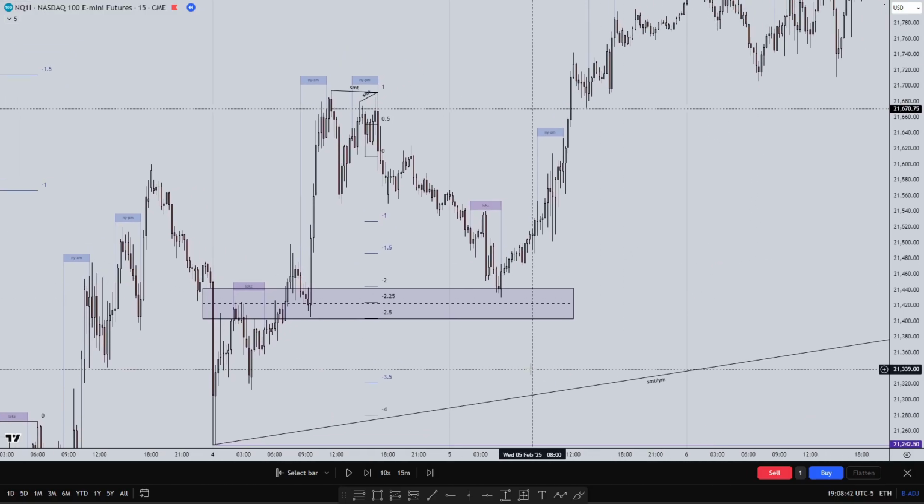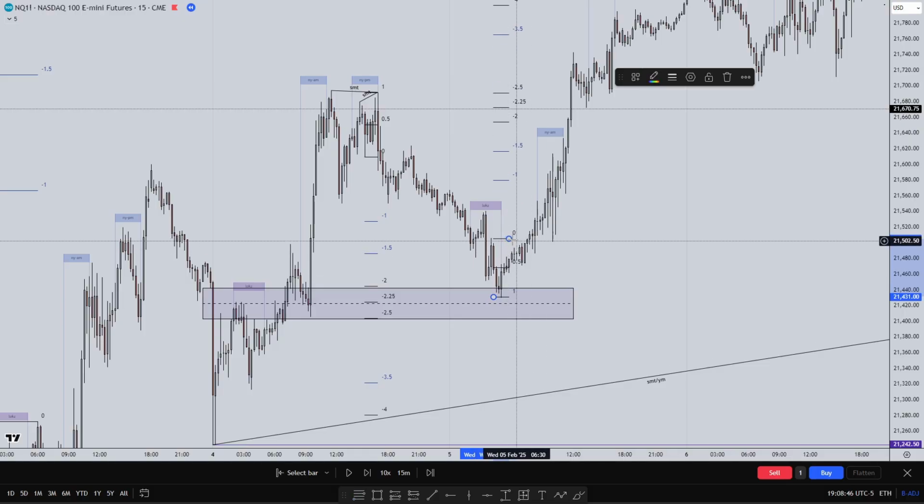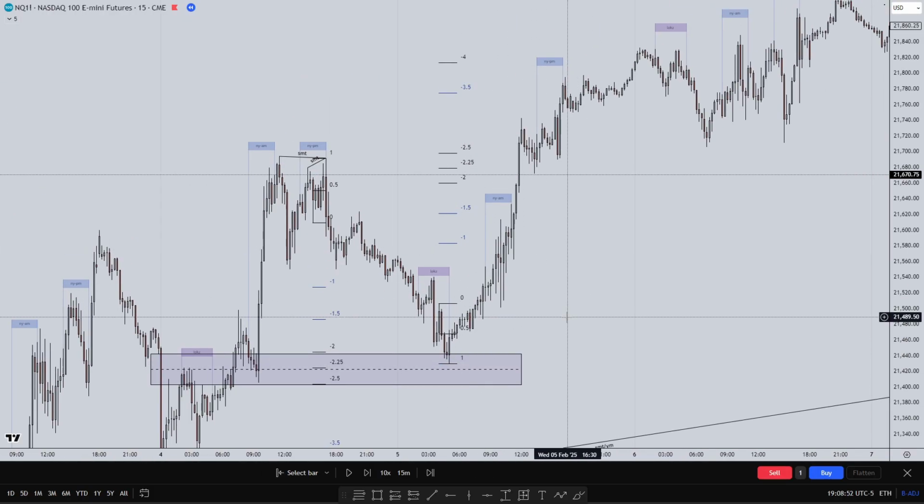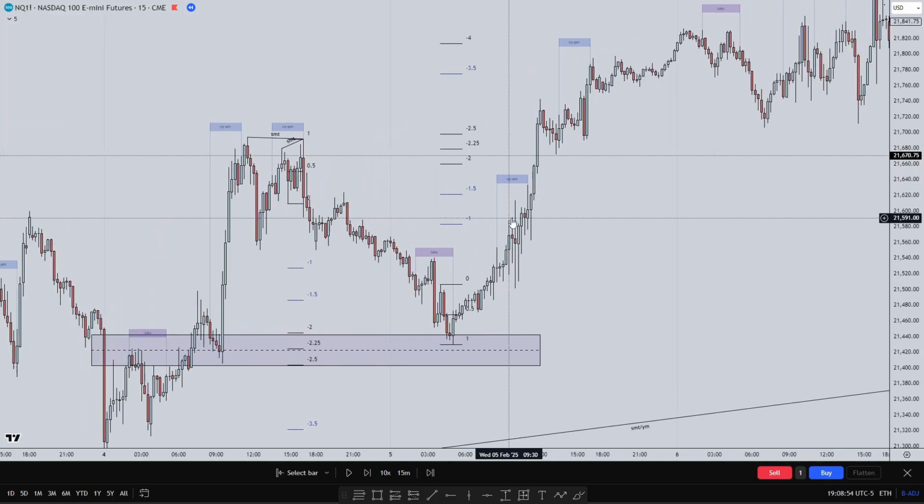And then break that starts your move up, right? You had that -1 reaccumulation and then -2, disrespected -2 and then got that delivery right into close to -3, -4.